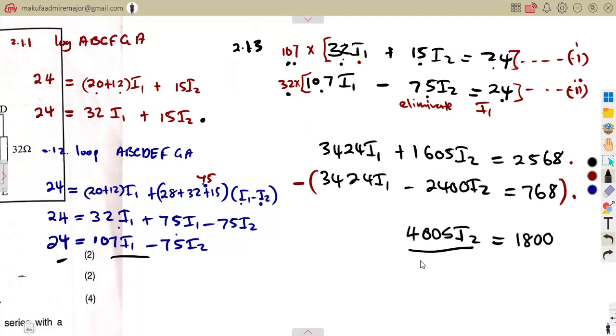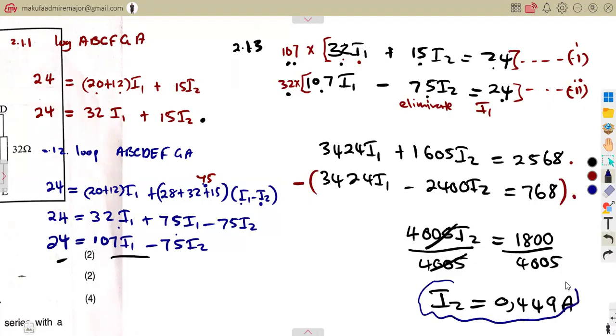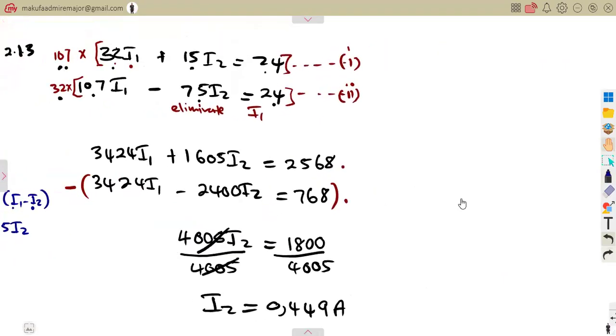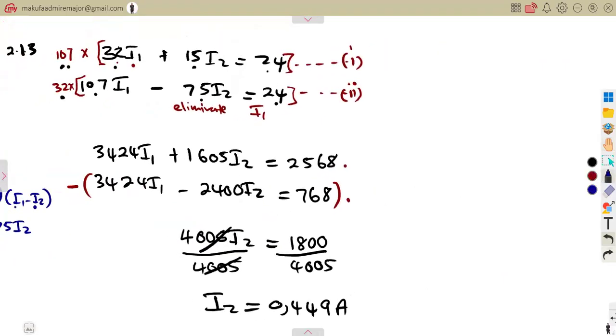Then we can divide by this 4,005 to obtain current 2. So that's it. We are obtaining I2, which is 0.449 amps. All right, that is our current 2. With our current 2, we are going to substitute in either of these two equations, equation 1 or equation 2.